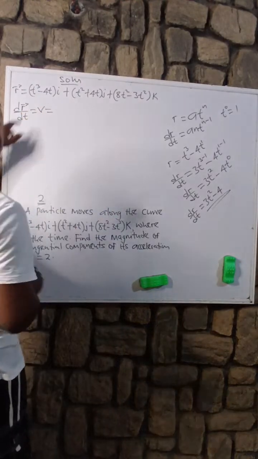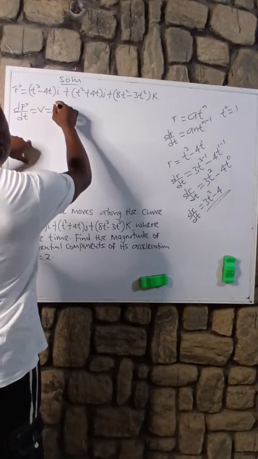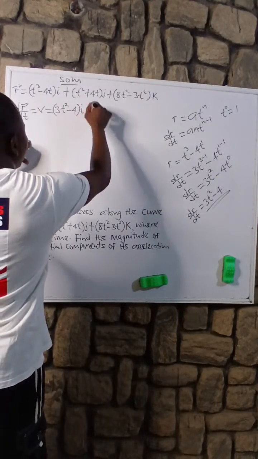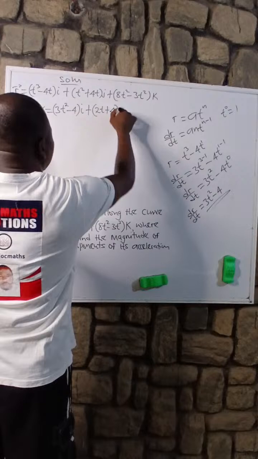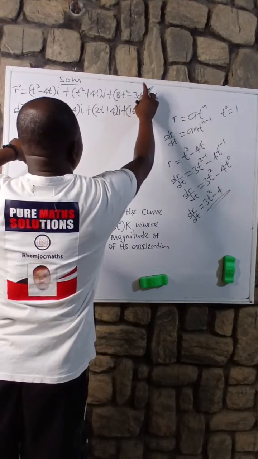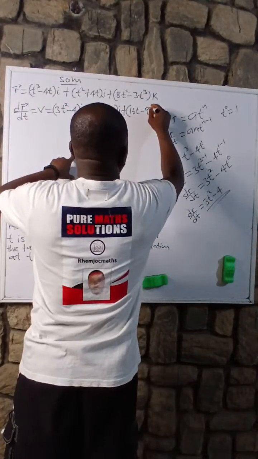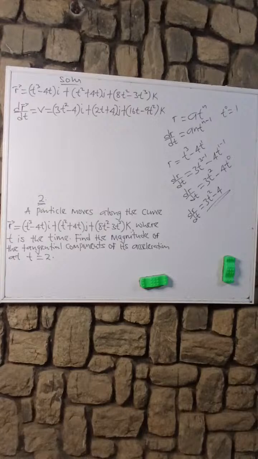Based on the definition of differentiation, this is (3t squared minus 4) i plus (2t plus 4) j plus (16t minus 9t squared) k. Are you following? Do you understand?